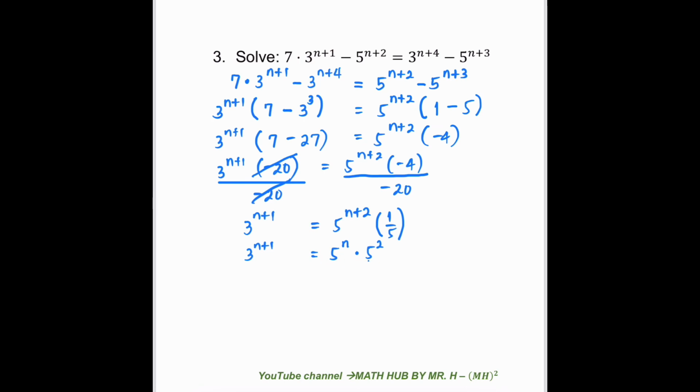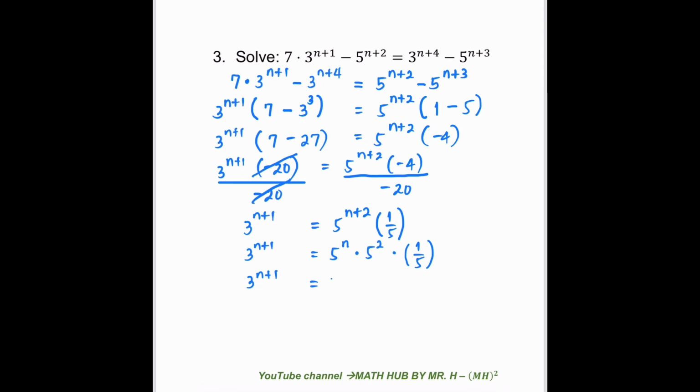Same base of 5 and you simply add their exponents, n plus 2 is the same. But do not ignore the other factor, which is 1 over 5.